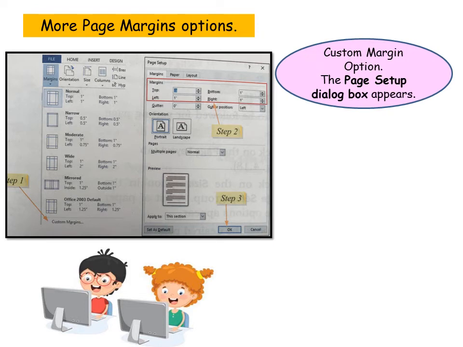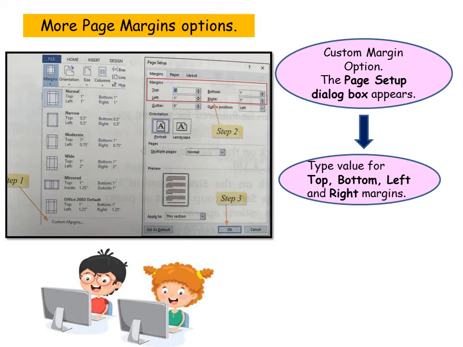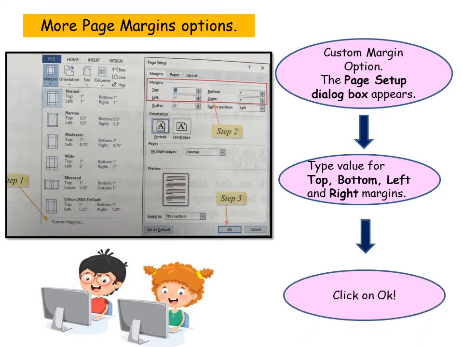First, you all have to click on the Custom Margins option. Then the Page Setup dialog box will appear. Next, type the values for top, bottom, left and right margins. Then click on OK. The margins of the page are set accordingly.